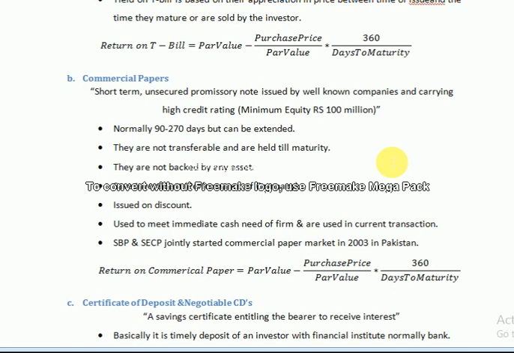Now T-notes. T-notes are treasury notes. Keep in mind, treasury notes have maturity periods of 2 to 10 years. They come in denominations of 1,000 and offer coupon payments every 6 months.